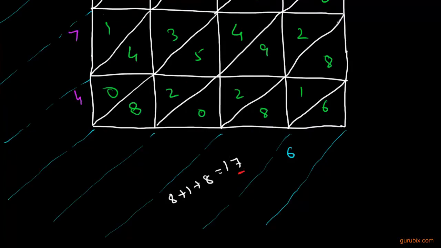And now we shall carry over this one to the sum of the digits of the next diagonal. Then it will be 1 plus 0 plus 2 plus 9 plus 2 plus 0. This means 14.